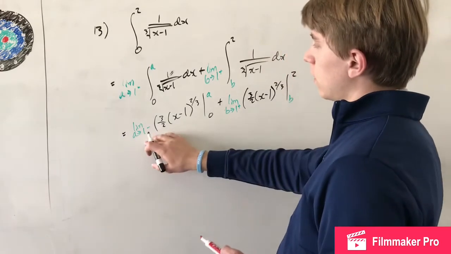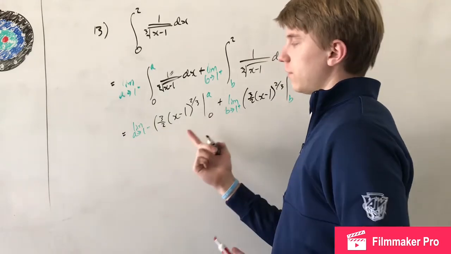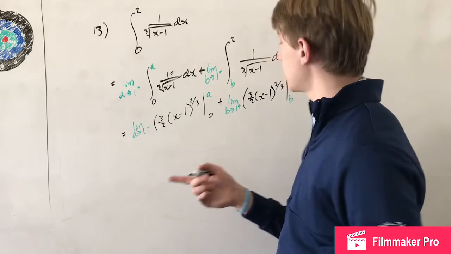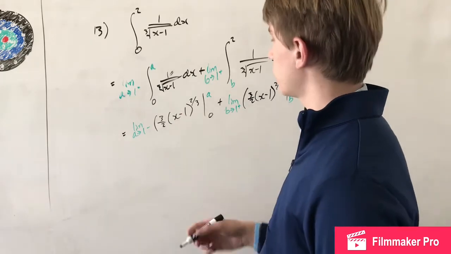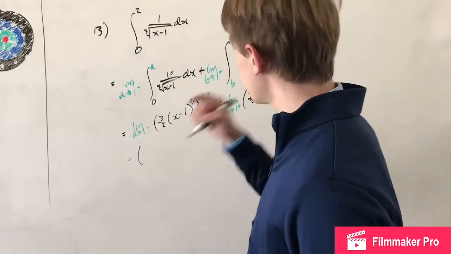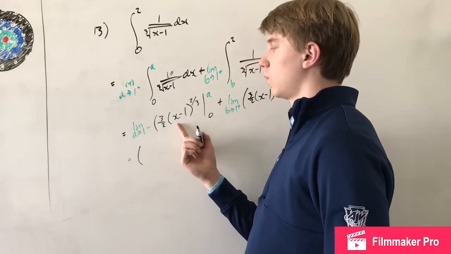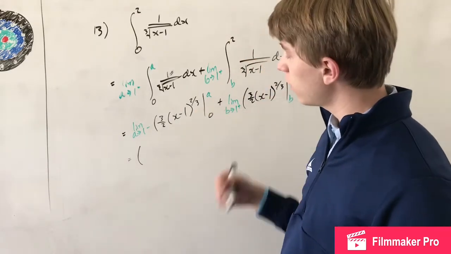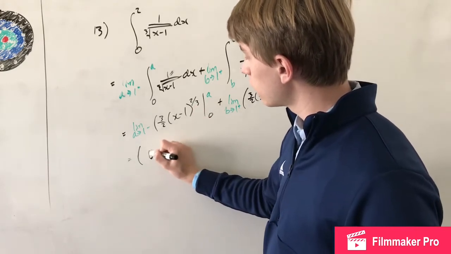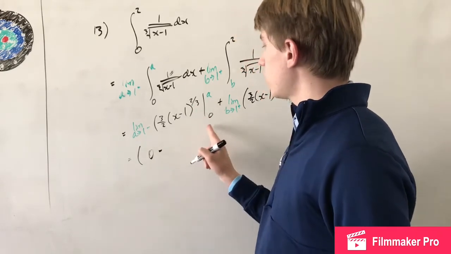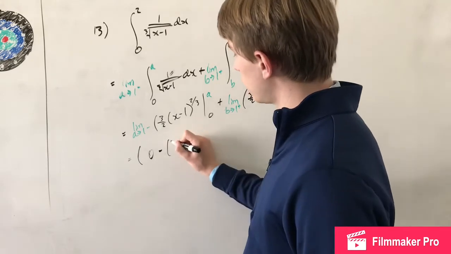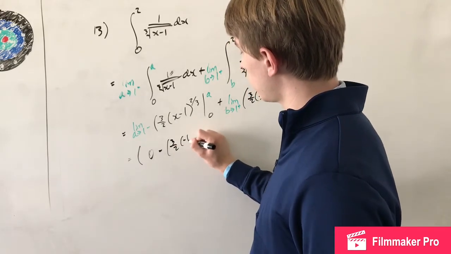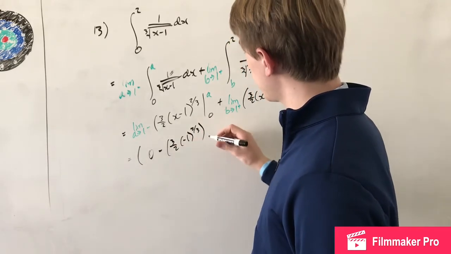As we see, these limits are clearly defined because you can just plug in 1 and get 0 here. So when you plug in a, you get 1 minus 1, which is just 0, and that's perfectly defined with this exponent. So you just get 0. Then you subtract plugging in 0, which is 3/2 times negative 1 to the 2/3.